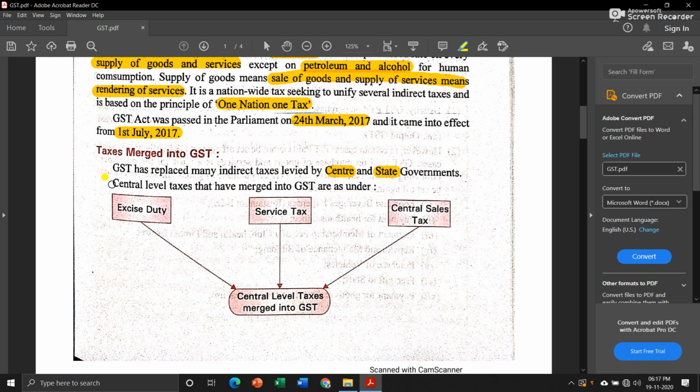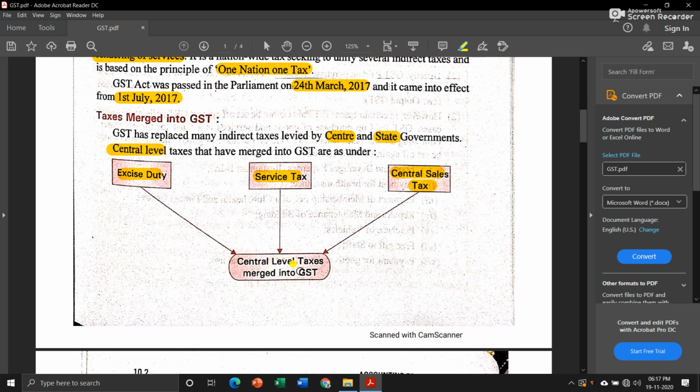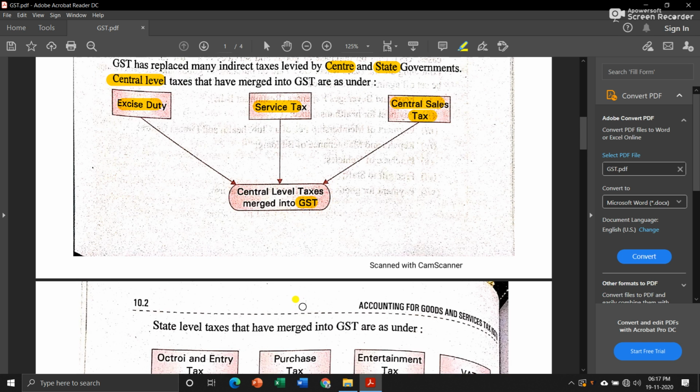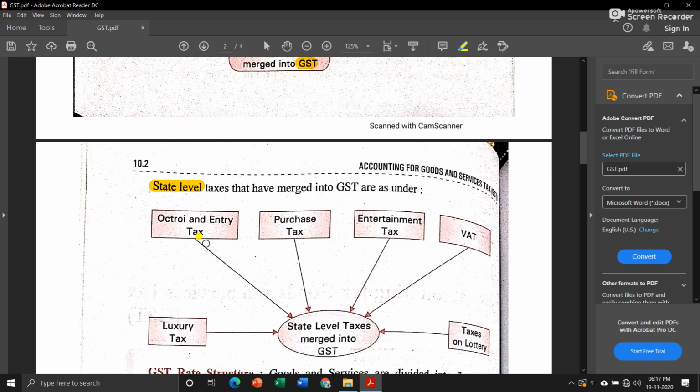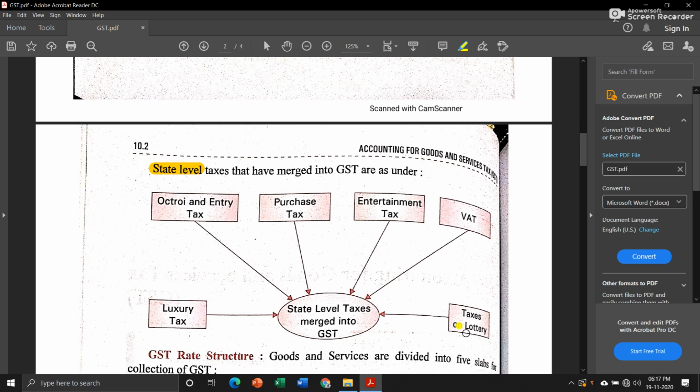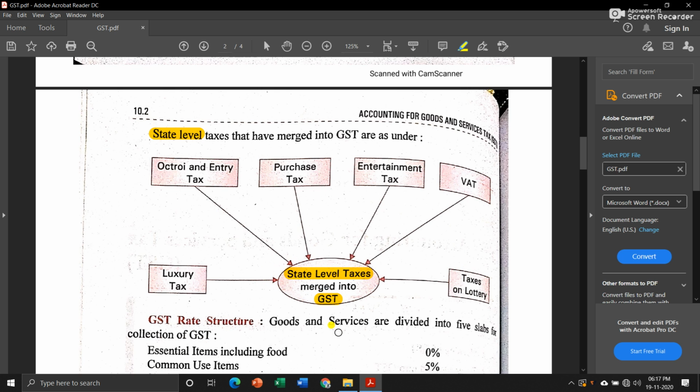At the central level, they combined excise duty, service tax and central sales tax into one tax, that is GST. Similarly at the state level, octroi, entry tax, purchase tax, entertainment tax, VAT, luxury tax, taxes on lottery, all these are merged into one tax known as GST.